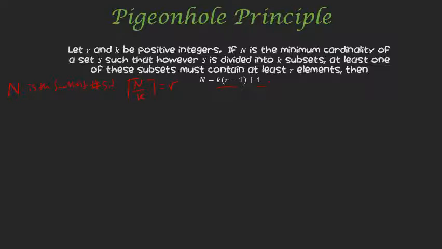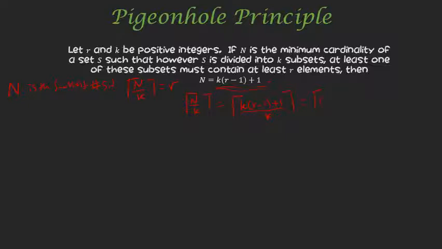And so we can go ahead and prove that this works. So what happens if I take n over k and compute the ceiling of that with this as my n? Well, I would get the ceiling of (k times (r minus 1) plus 1) all over k. Notice I can cancel k out there if I split up my fraction.